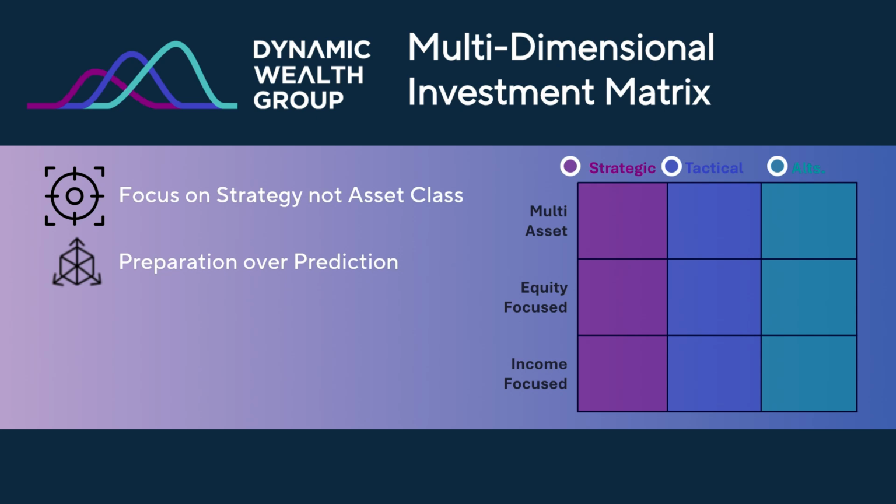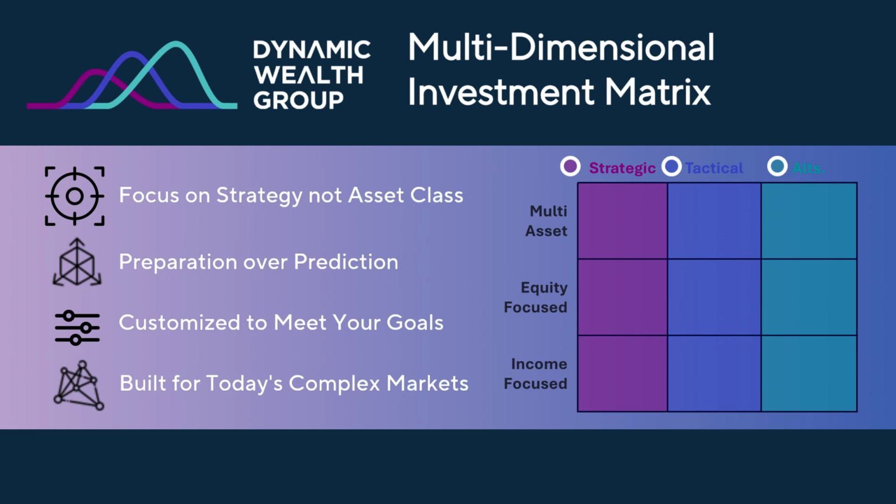It's to prepare for it by having multiple drivers of return. It's about diversifying with not just asset classes, but diversifying with different approaches and techniques to align to one's investment goals. This leads to a more balanced portfolio and a smoother client experience built for today's complex markets.